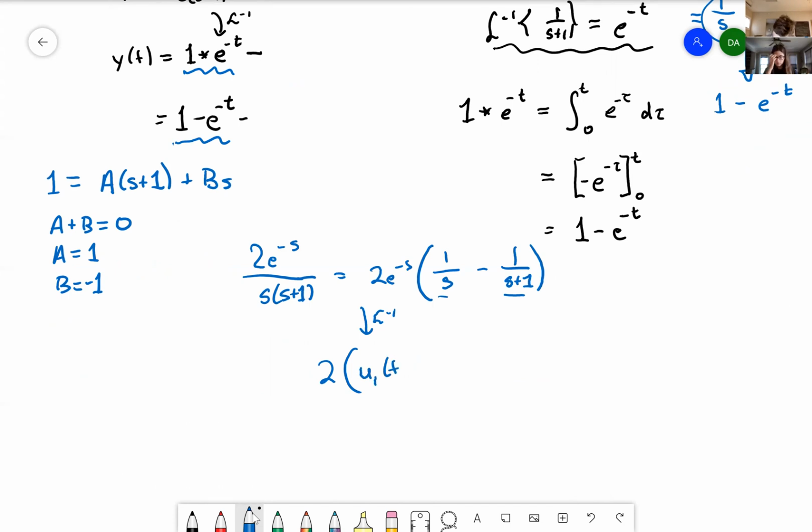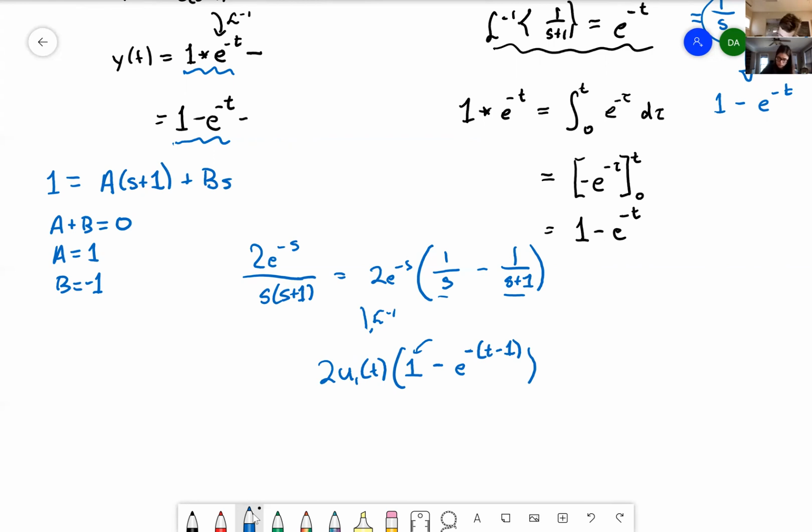This will be u1 of t. Notice the whole thing is going to be shifted forward by 1. So u1 of t times 1 minus e to the minus (t minus 1), shifting that part forward by 1. Of course, the 1 you don't need to shift forward.